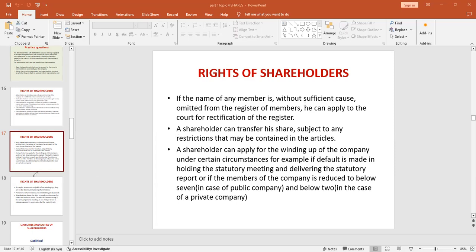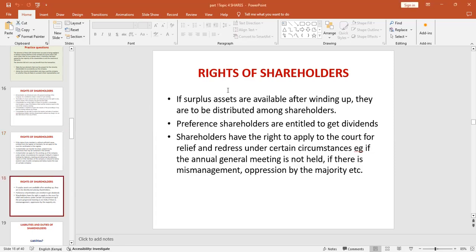And also, you can have a right, in case the company is winding up, to the distribution of assets, and of course, the question of dividends will just depend. If dividends are declared, you'll have that, unless you have preference shares like cumulative, which gives you a guarantee of those dividends.